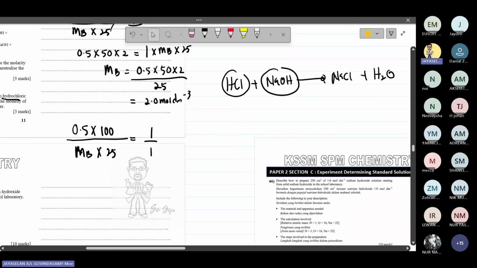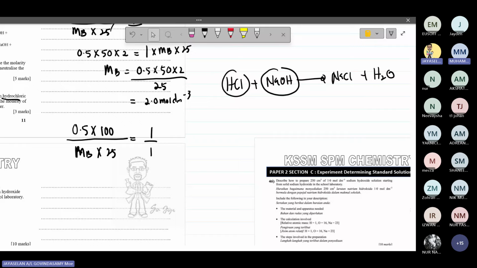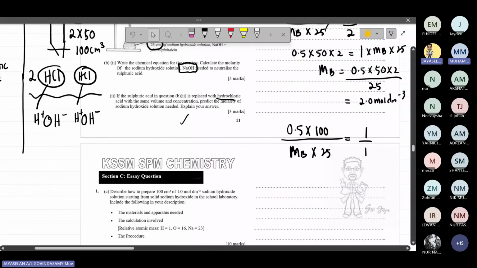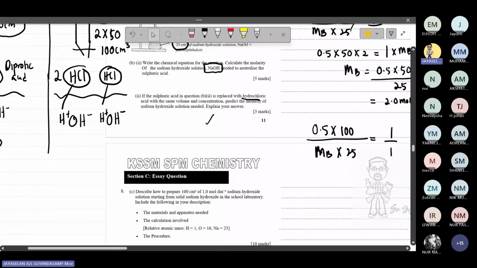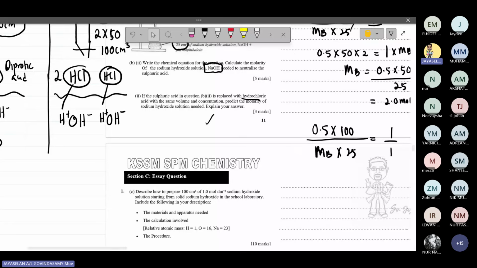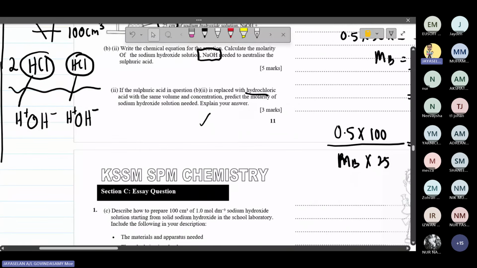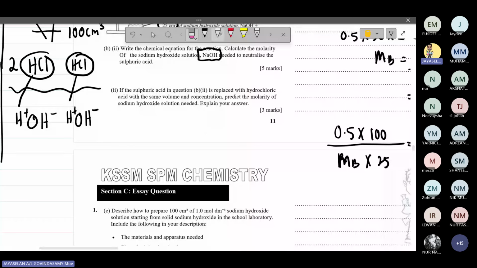Now you find the MB. You cari dulu. Don't they say the same volume and concentration? They said same volume and concentration, if the experiment repeated. Ini soalan boleh tak saya tukar? Saya tukar sikit, saya sudah silap sini tau. Saya tukar ni.